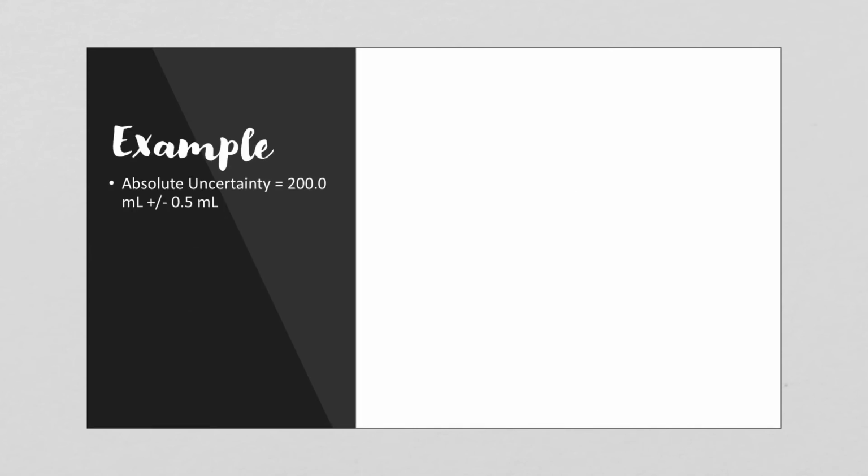So in our example here, we are going to figure out our percent uncertainty. So we're going to apply that. Percent uncertainty is equal to the absolute uncertainty divided by the measured value times 100%.